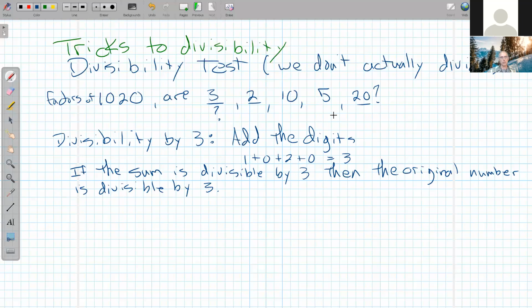Anybody have a reason for that? It looks like it ought to be, but why? How could we justify that without actually doing the division? So everybody can put their minds to thinking about that. I don't want to actually divide.